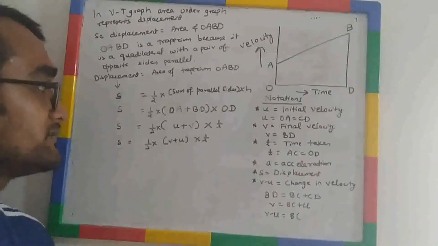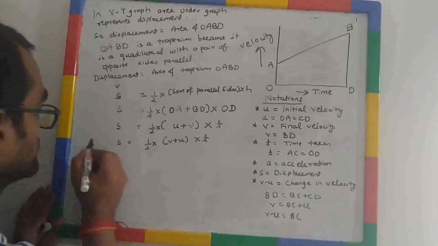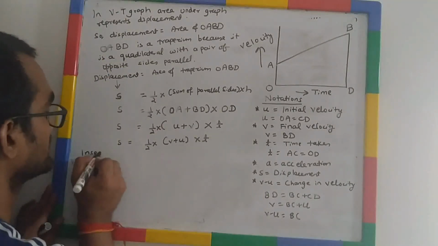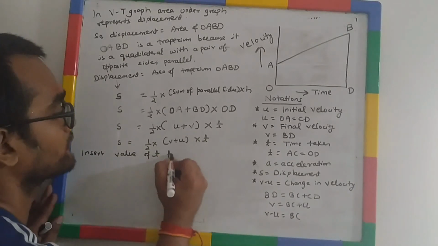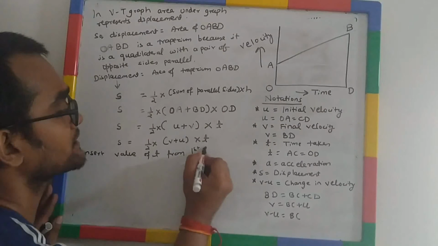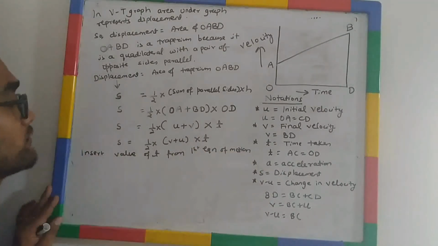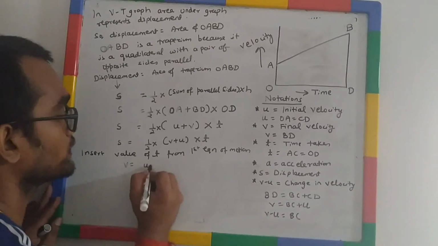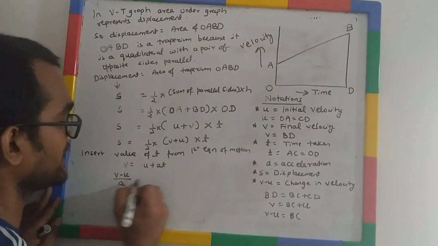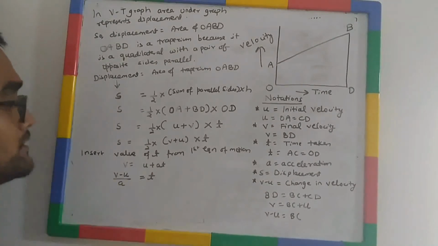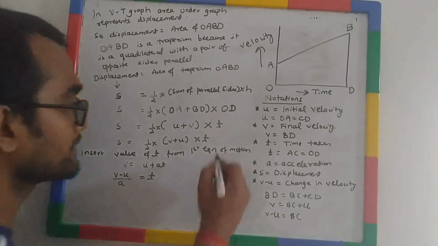So we will insert the value of time t from the first equation of motion, which was v is equal to u plus at. So v minus u upon a is equal to t. So I will insert the value of t equal to v minus u upon a in this equation.